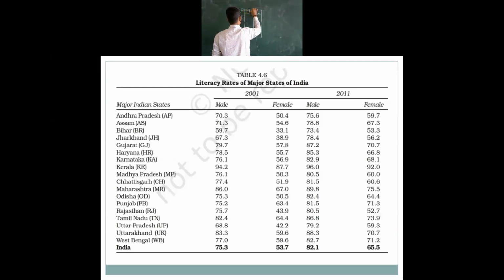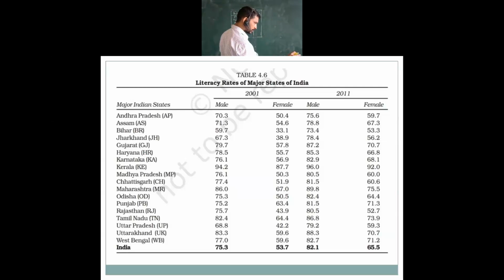Punjab, check it out. Where is Punjab? 75.2. Only female has been taken, right? We are going to take only females. Punjab, 43.9. Then in 2011 it went to 52.7.